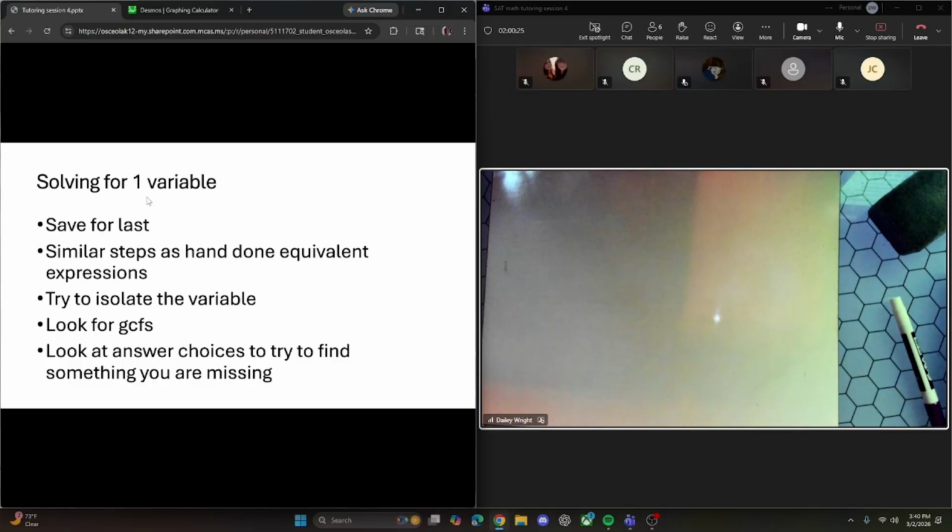So, solving for one variable here, you'll see what I mean with this title when we get into the questions. You want to save these for last as well. This is similar steps as the hand-done equivalent expressions.